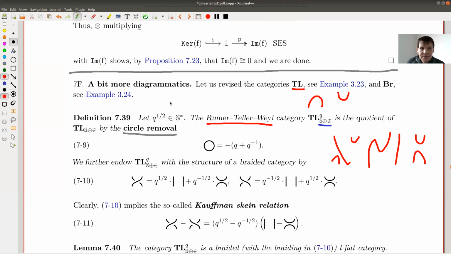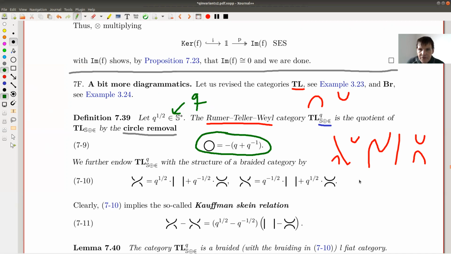So I assume that my ground field has some element that I call Q, and strictly speaking, I assume that it has a square root. This is one of these annoying things, but it doesn't really matter so much. You really need to do that because you want it to be braided. We will see that. But basically, you need a Q. And what you do is you impose a relation on it.